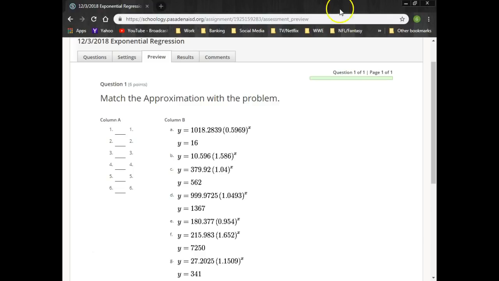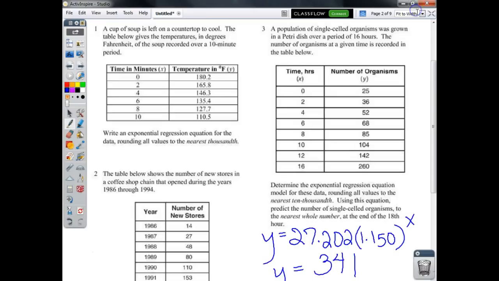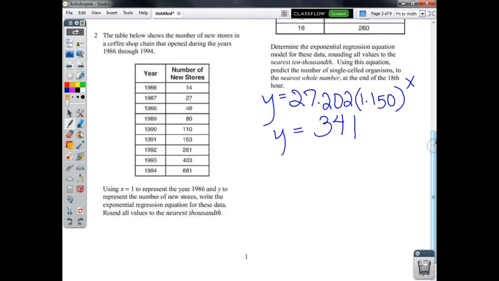So this is 1, this is 2, 3, 4, 5, 6, 7, 8, 9. Does that make sense? Because 1986 is year 1, so then 1987 is year 2. Then 1988 is year 3, and year 4, and so on. Okay.